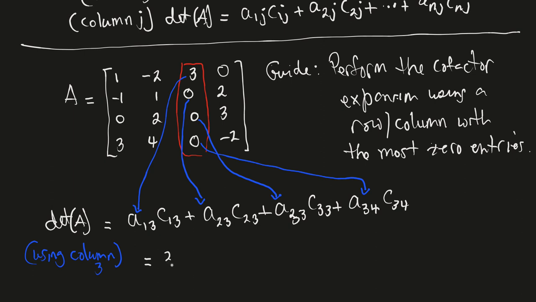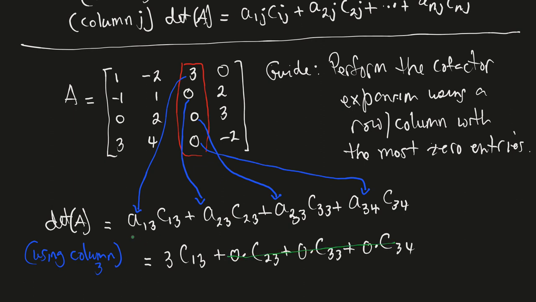So I'm going to have 3 times C13. Again, let me write it in for emphasis. You're going to have 0 times C23 plus 0 times C33 plus 0 times C34. So no matter what those C's are, since I'm multiplying by 0, they all go away.